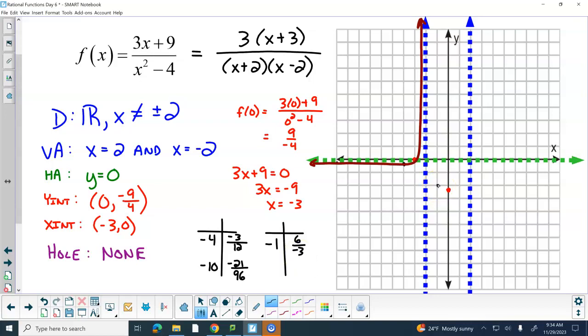Yeah. +1 then. 3 times 1 plus 9. 1 squared minus 4. That's like -4, right? Do we have enough information internally in the middle zone? I think so.